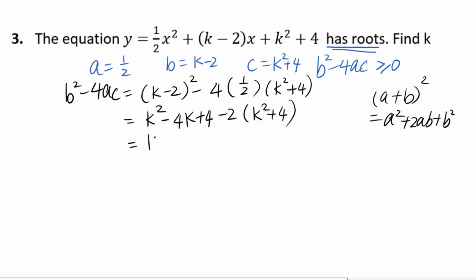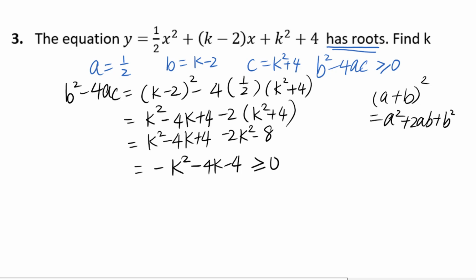That equals k squared minus 4k plus 4 minus 2k squared minus 8. Combine like terms: negative k squared minus 4k minus 4. We set up this greater than or equal to 0.